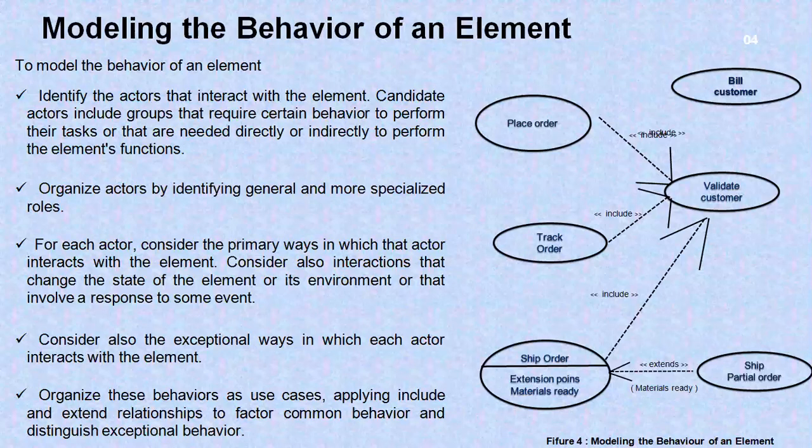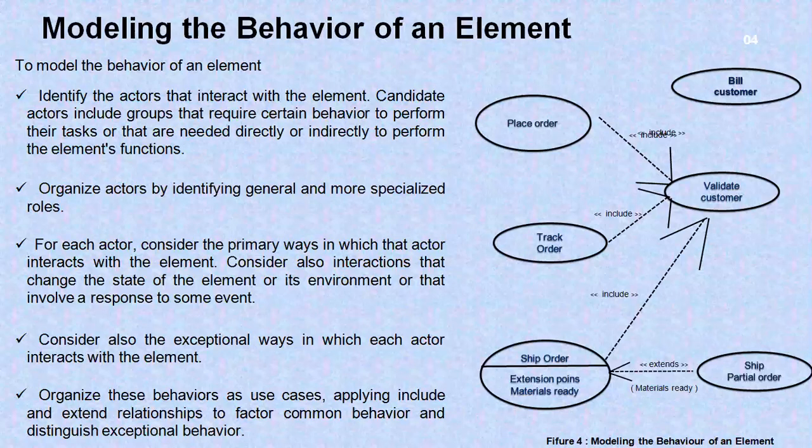For each actor, we need to consider the primary ways in which those actors interact with the element, and also interactions that change the state of the element or its environment or that involve a response to some event. And we need to consider the exceptional ways in which each actor interacts with the element.